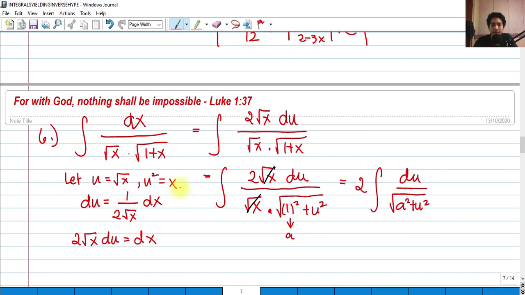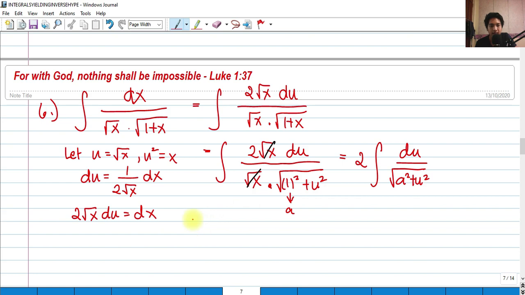So our value of u is square root of x. So we can substitute this. This is simply the inverse hyperbolic sine. So we have 2 inverse hyperbolic sine of u all over a plus c.